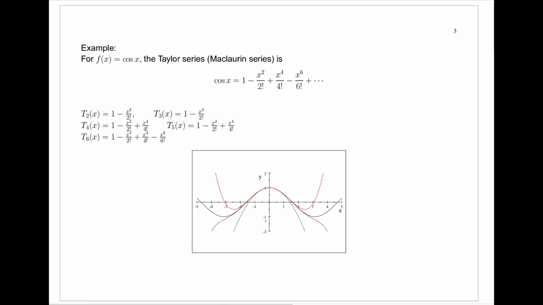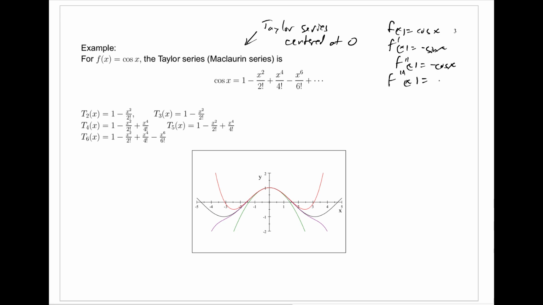Let's look at the cosine function. The Taylor series for the cosine function, and when I say Taylor series, these are Maclaurin series, which just means the Taylor series centered at 0, is given by this. The reason for that is when f of x is cosine x, you all know that f prime of x is minus sine x, f double prime of x is minus cosine x, f triple prime of x is sine x, and then it keeps going.